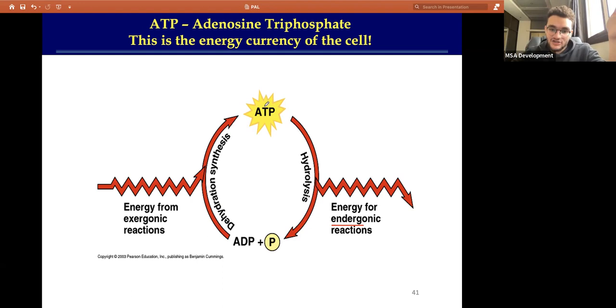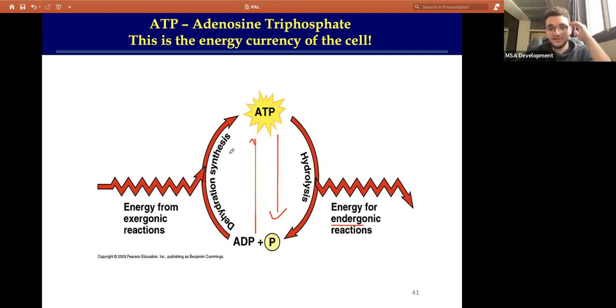So the breakdown of ATP is not an endergonic reaction, it's exergonic, but the energy released, because we said you cannot destroy energy, goes to other reactions, and these are endergonic because they need that energy. The same concept applies here: combining ADP with phosphate to form ATP is not exergonic, because you need energy from other exergonic reactions.